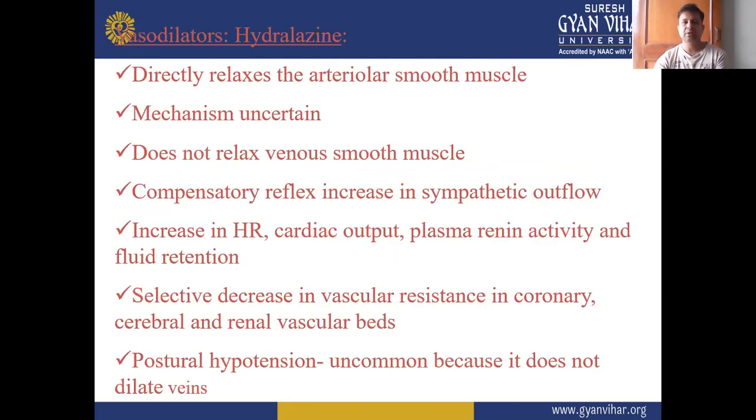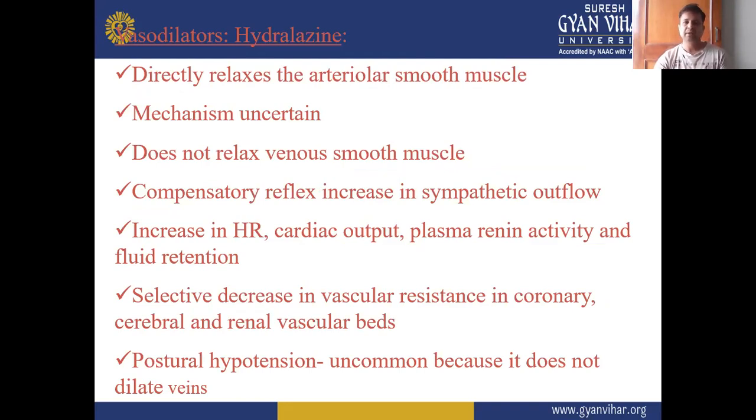Vasodilators. An example is hydralazine. It directly relaxes the arteriolar smooth muscle, mechanism uncertain, and does not relax venous smooth muscle.